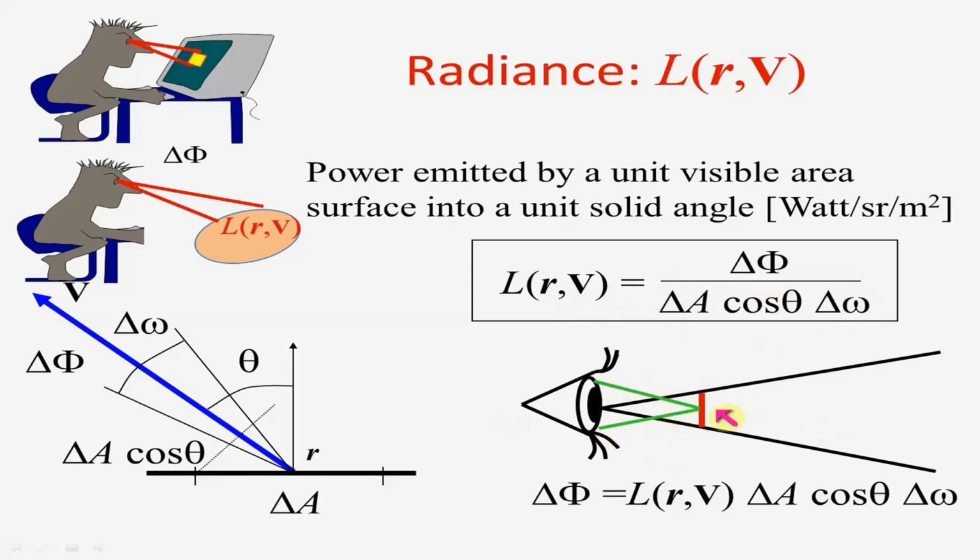Both this green solid angle and the area change when we move the radiating surface farther. But if the surface is farther away, its area increases proportionally with the square of the distance, while the solid angle of radiation decreases proportionally. So these two phenomena are cancelling out.